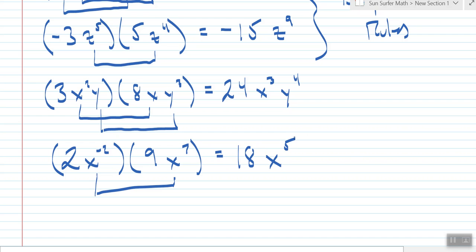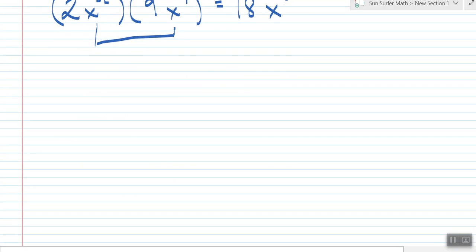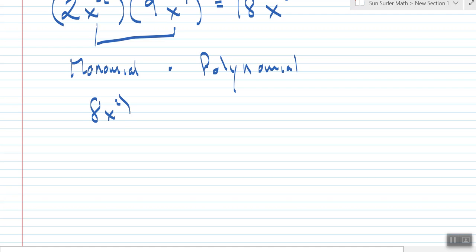Okay, now let's get into multiplying a monomial times a polynomial. So a monomial times a polynomial, poly meaning many. We have many terms or monomials being separated by addition or subtraction. So an example of a monomial, once again, would be 8x squared.